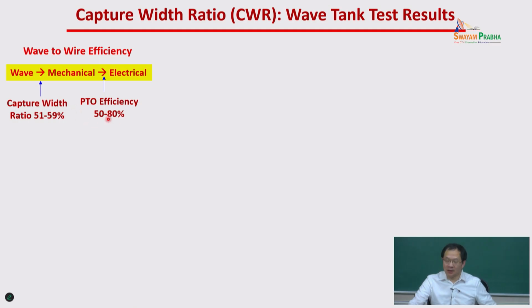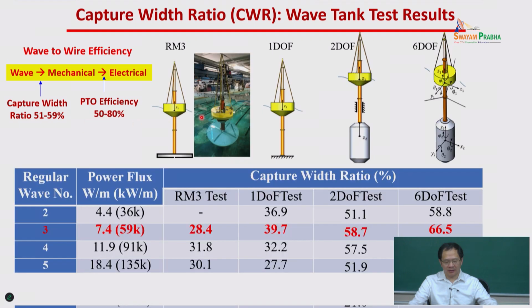For example, if you drive the PTO at a smaller wave, the efficiency can be very small. The design is very important to make sure the maximum efficiency of the two happens at the same condition. In that way, you have better power output.